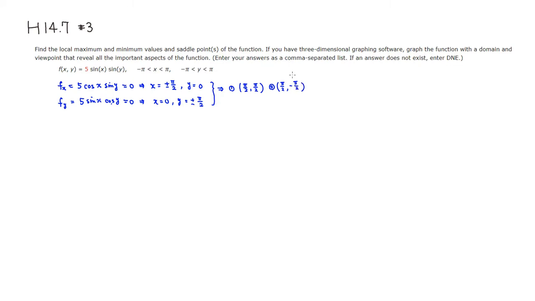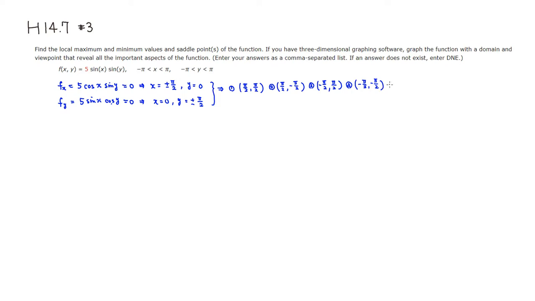The third one, we can do a negative pi over 2 for x, and y has to be either positive or negative, so you're going to have a pi over 2. The fourth one would be negative pi over 2 and negative pi over 2.